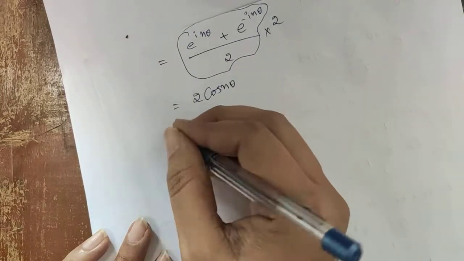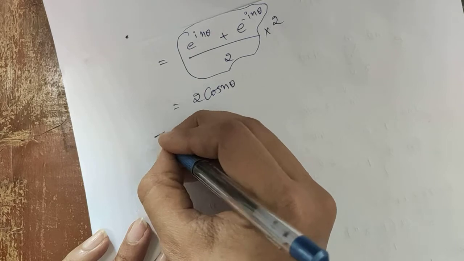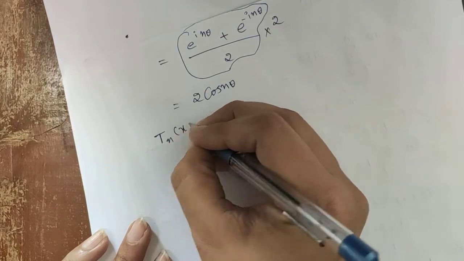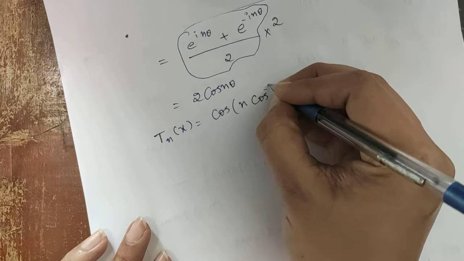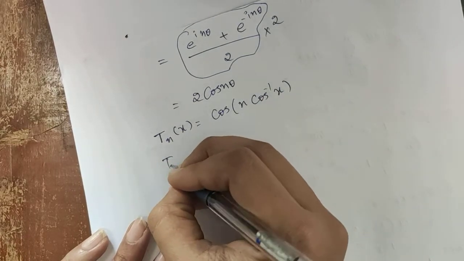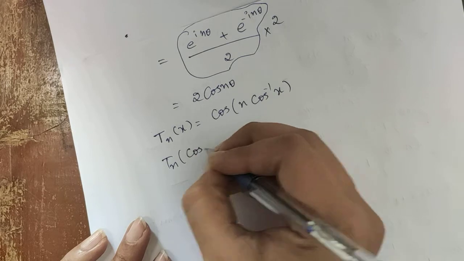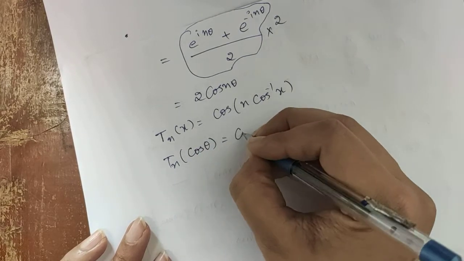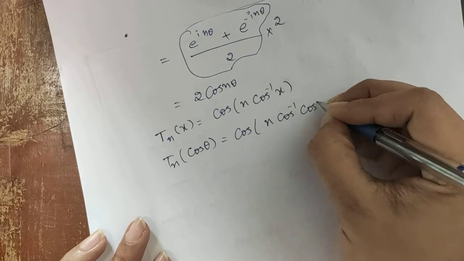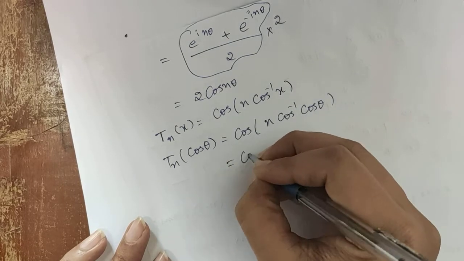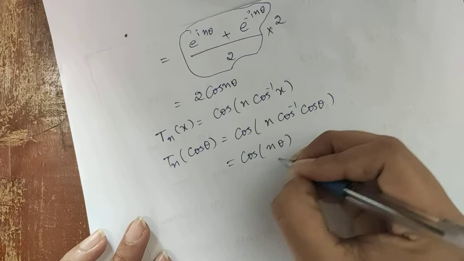Since we are using the first kind Chebyshev formula, we have Tn of x equal to cos of n into cos inverse x, where x is nothing but cos theta. So Tn of cos theta is equal to cos of n into cos inverse cos theta. This is nothing but cos of n theta.